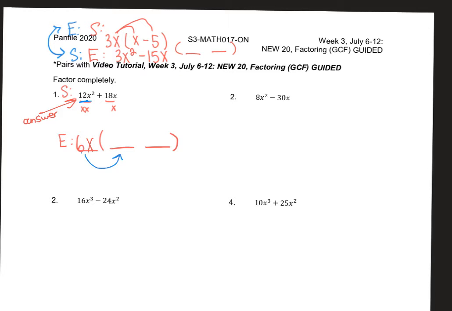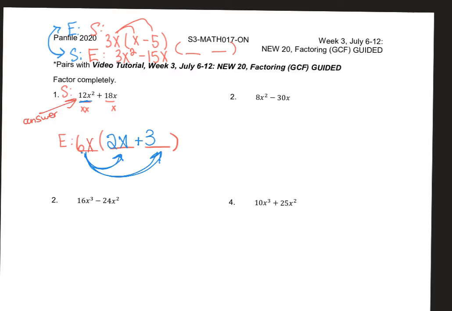Well, 6 times 2 gets me 12. And x times what gets me x squared? X. And then 6 times what gets me 18? Plus 3, right? Because I needed a positive 18. And then x times what gets me x? And it's okay to put nothing, right?